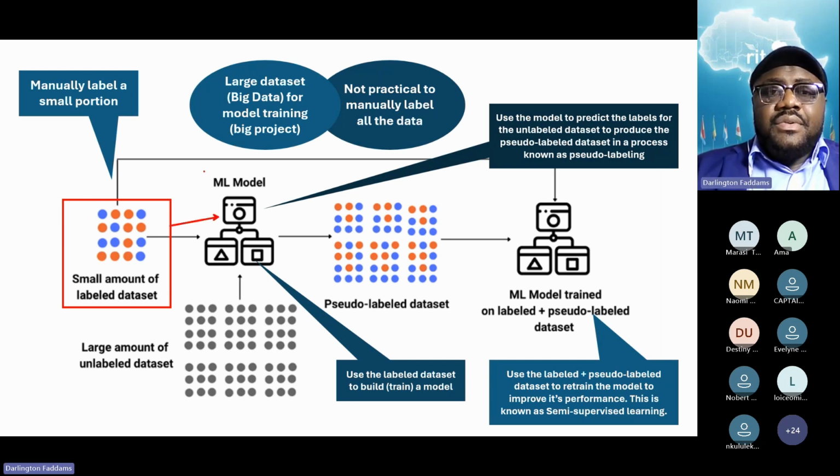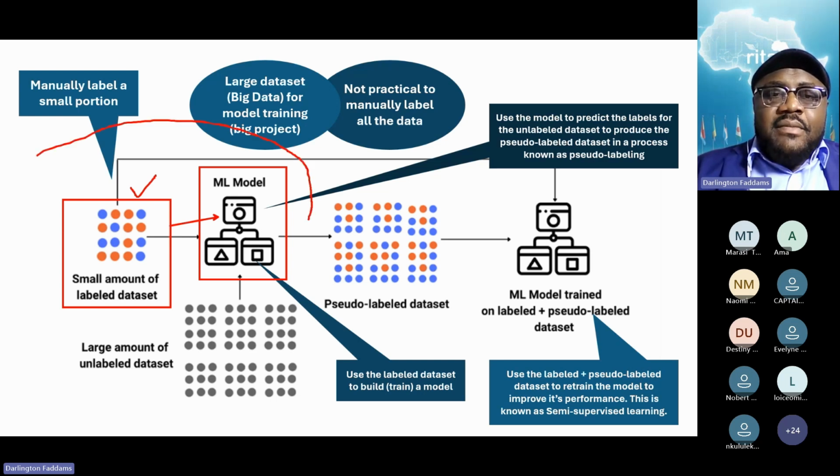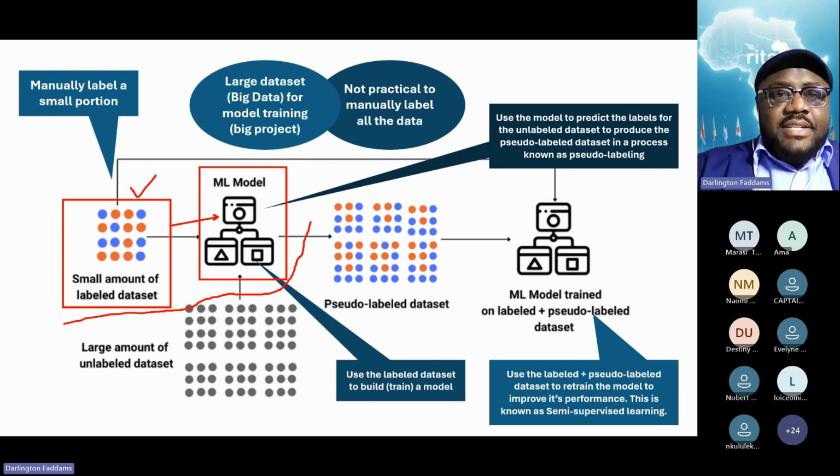So now we have this machine learning model, which was trained on this particular data set. So this is one type of machine learning. Who can tell me the type of machine learning we have achieved with just these parts?